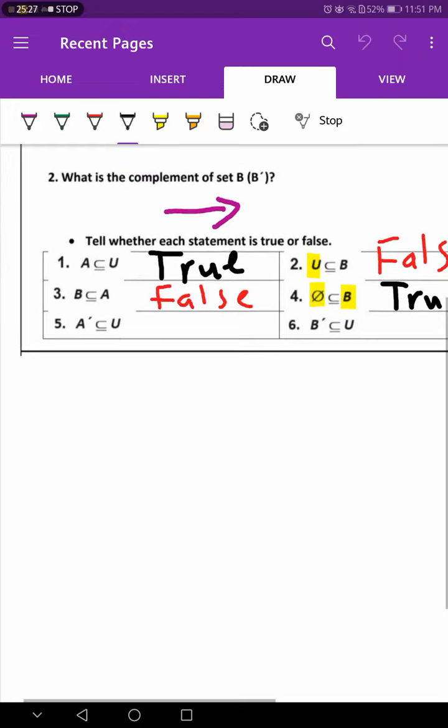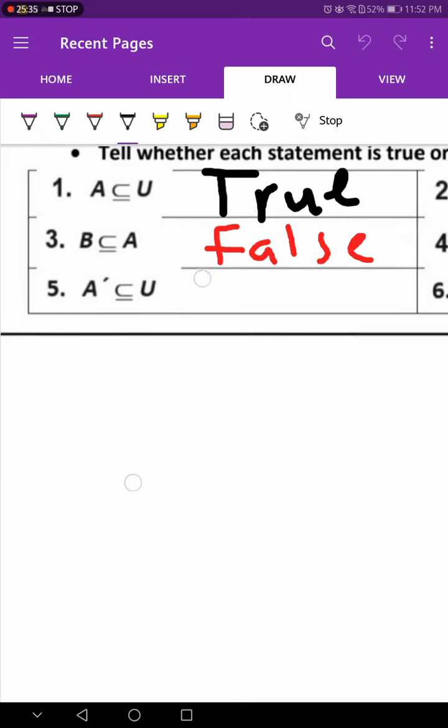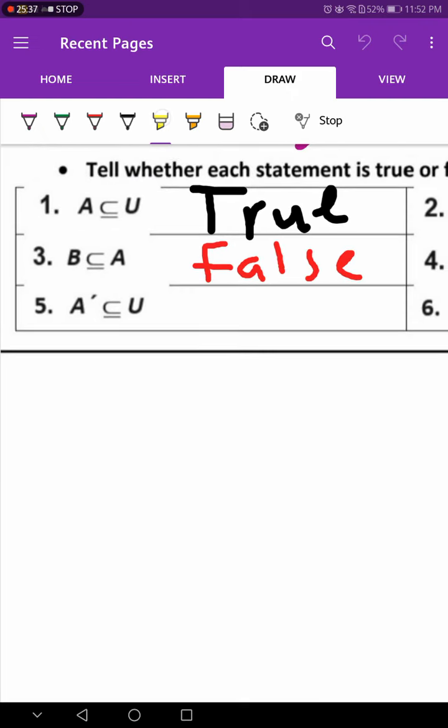Now number 5, is the A complement a subset of U? Go back here. So directly you can say A complement is a subset of U. So it is true.